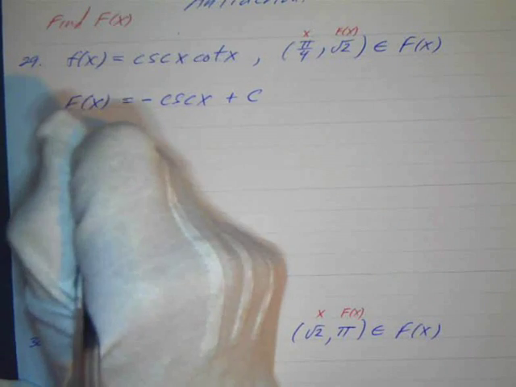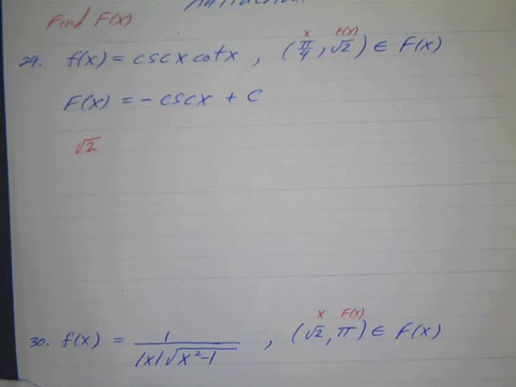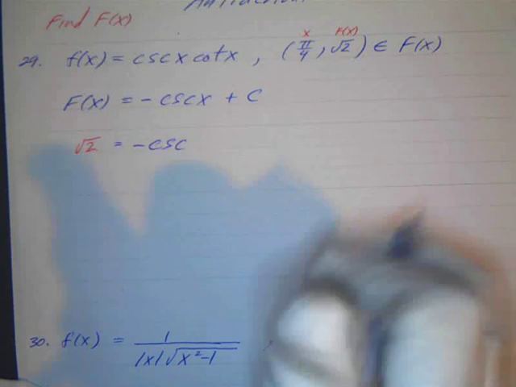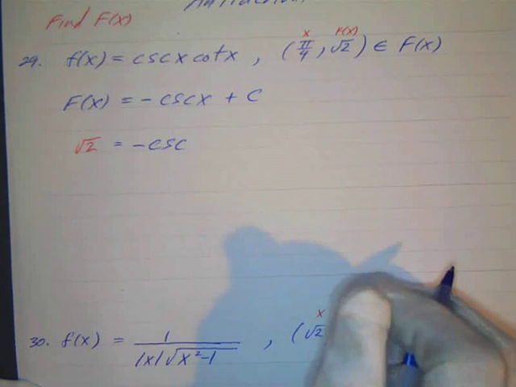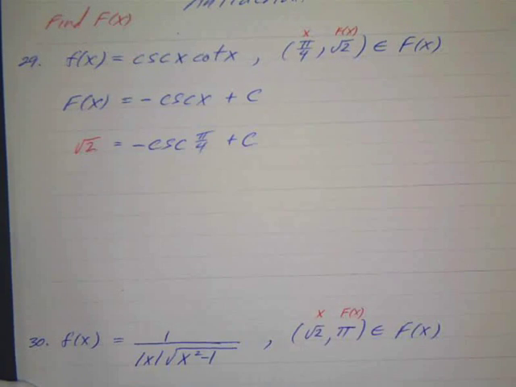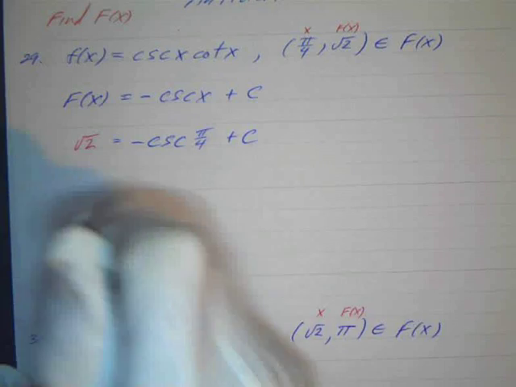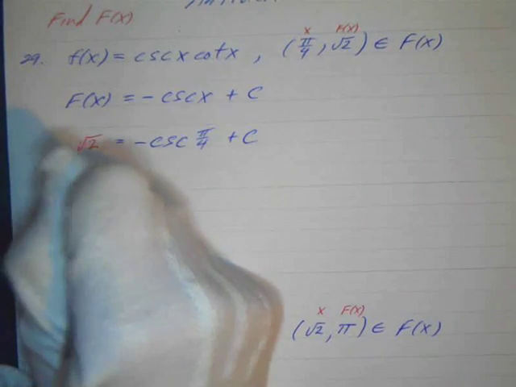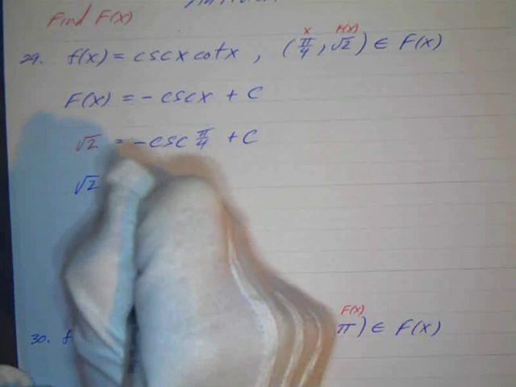So square root of 2 is f of x when x is pi over 4, plus c. So we've got the square root of 2 equals negative.